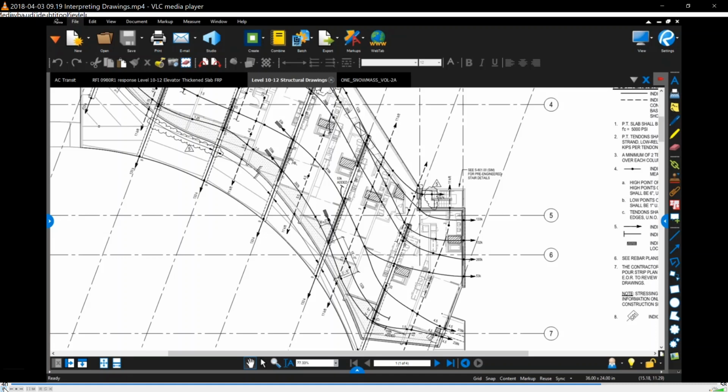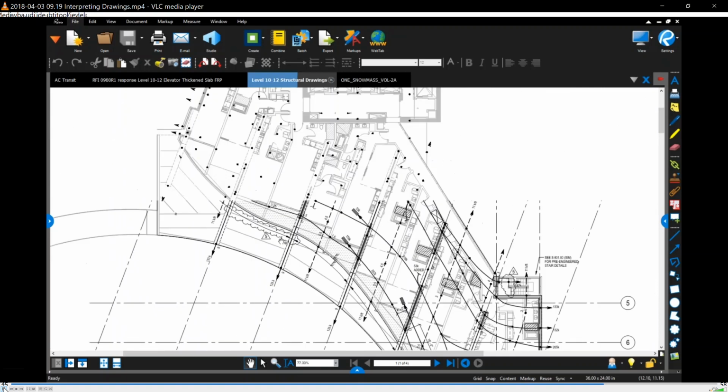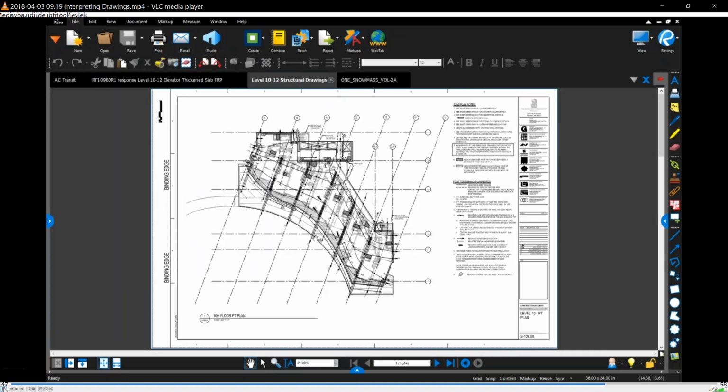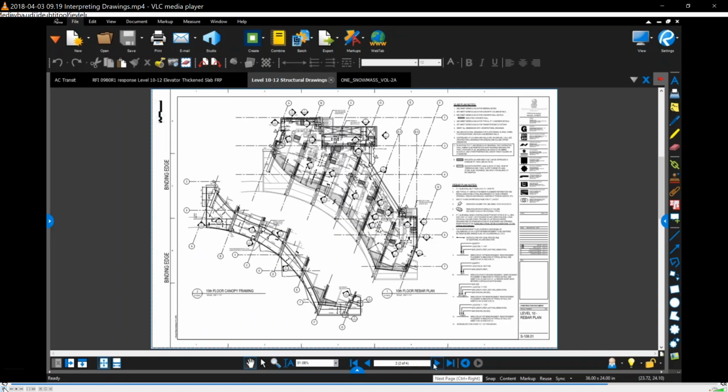Nice to know these types of things. Learn some other things about other types of structural drawing. I don't believe there's anything else on these plans.